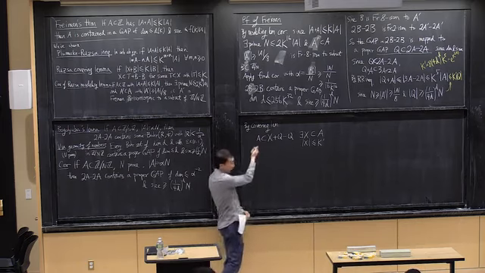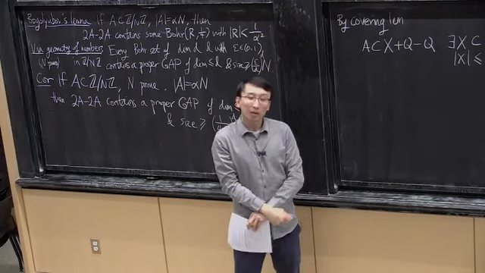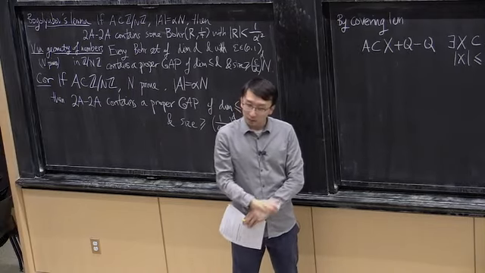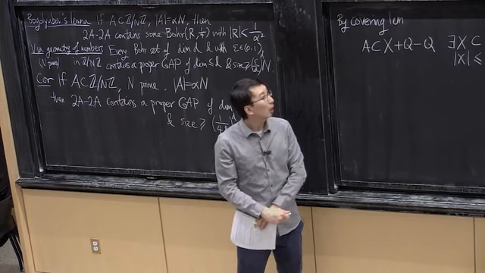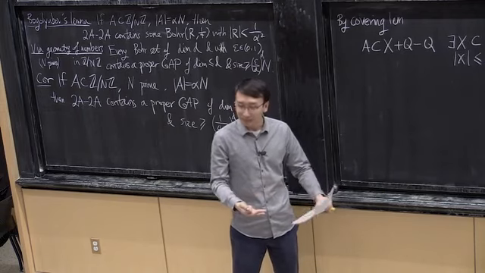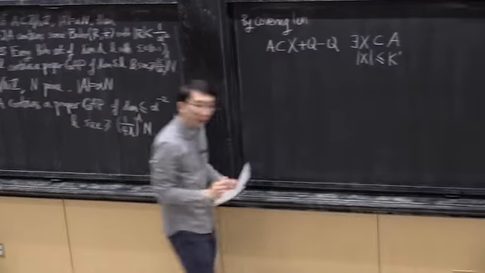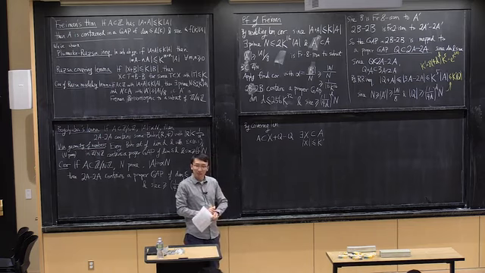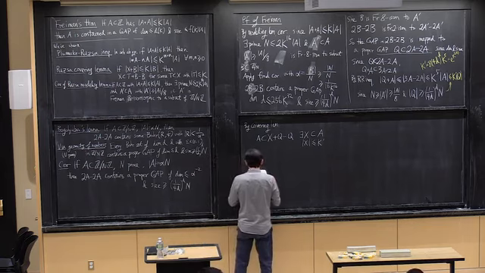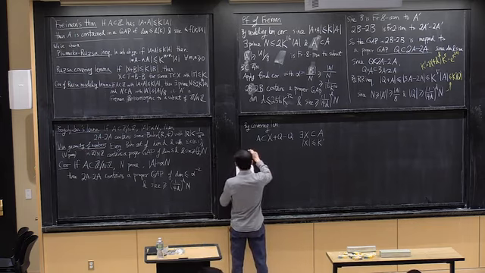So we've covered A by something. Q is a GAP. X is a bounded size set. And I claim that this is the type of object that we're happy to have. Just to spell out some details.